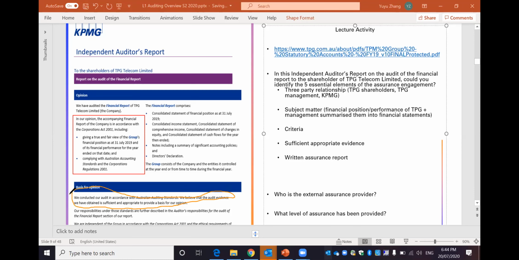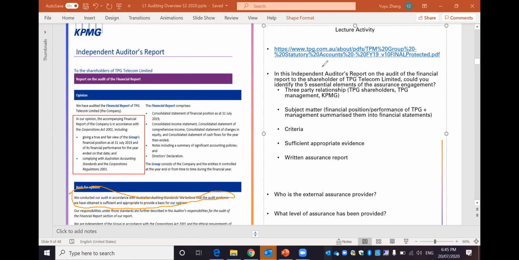So actually they say, we believe all the evidence we have obtained is sufficient and appropriate to provide a basis of our opinion. And also in the next few pages, they provide some details. So at least from the auditor's point of view, they think they have already got sufficient appropriate audit evidence.